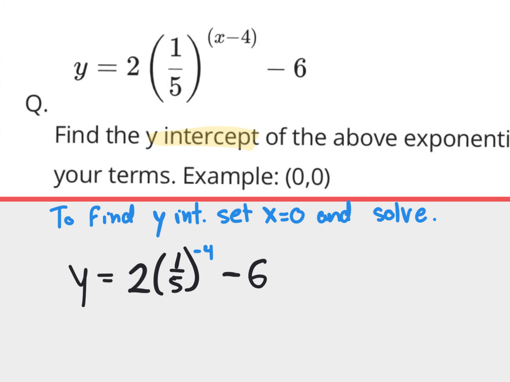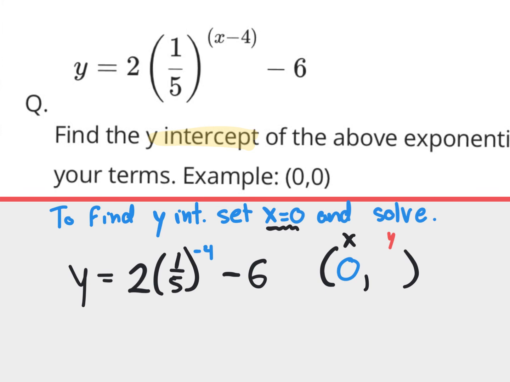And of course, the y-intercept is a coordinate, and they want you to write it as a coordinate in coordinate format. So your x value of your coordinate obviously is 0, and the y value we are about to find out. So let's do this math to find out what y is.